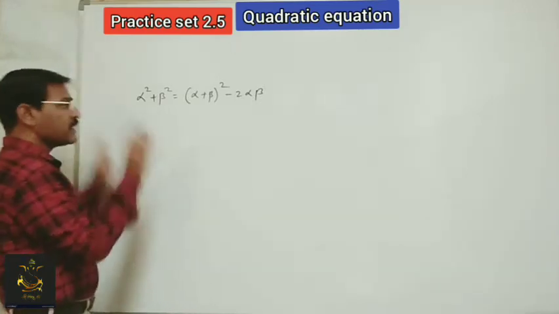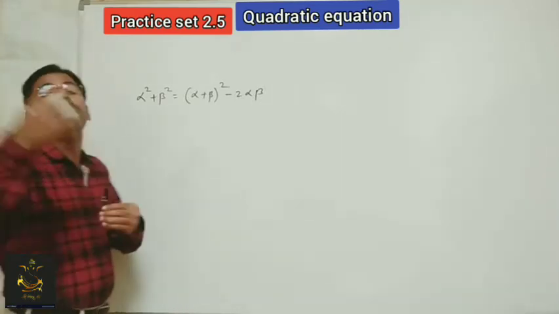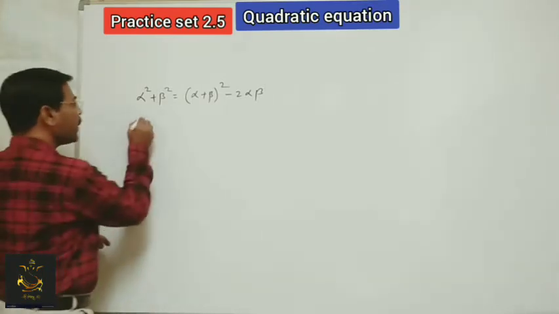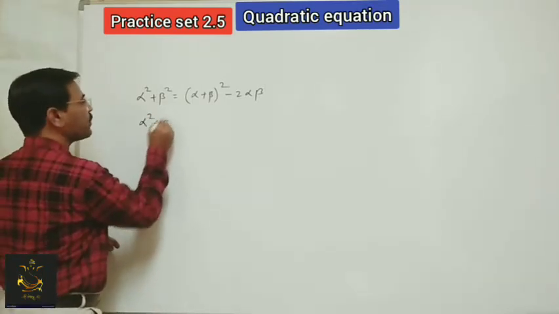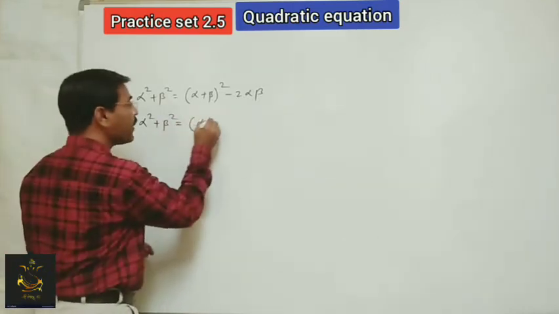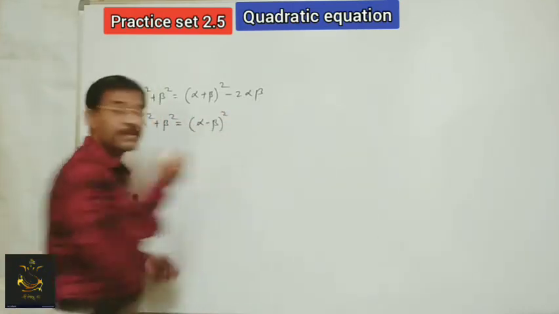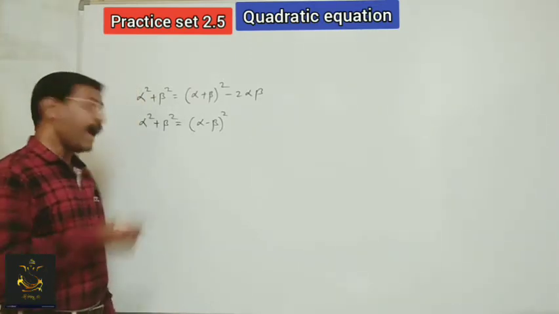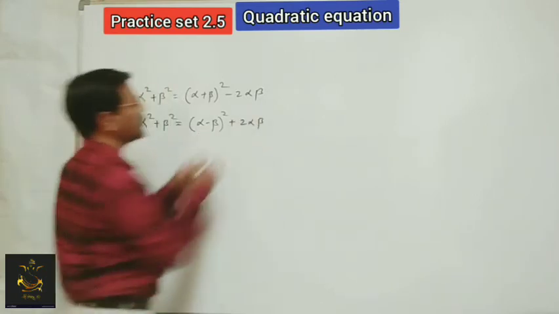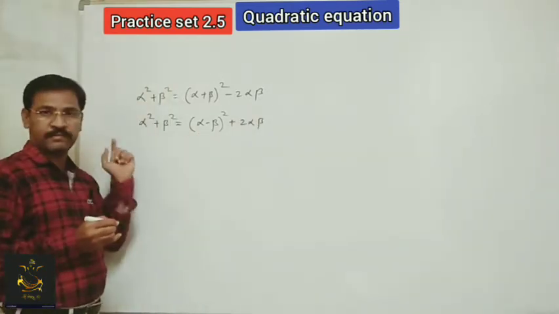Sometimes in the further examples, in word problems, here maybe it is alpha square plus beta square. But sometimes they are given to us like alpha minus beta also. At that time you can write here plus 2 alpha beta to make equal here. This is very important.